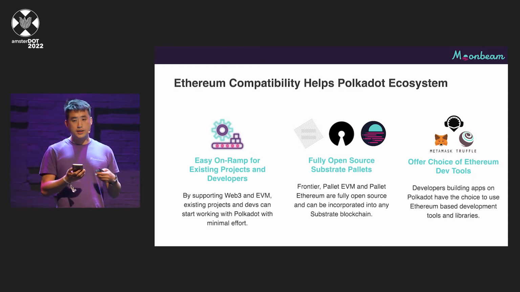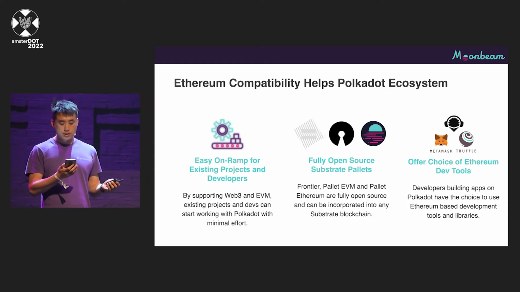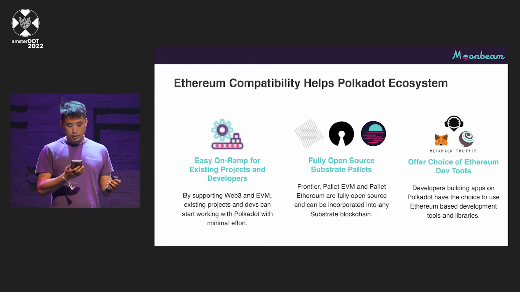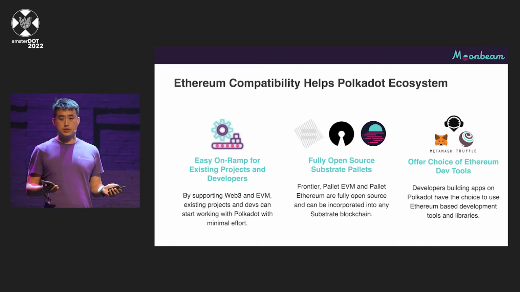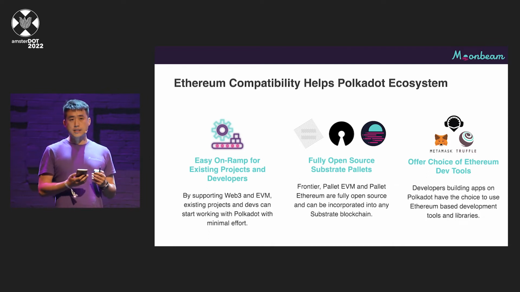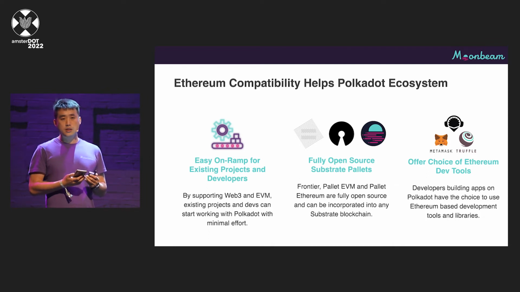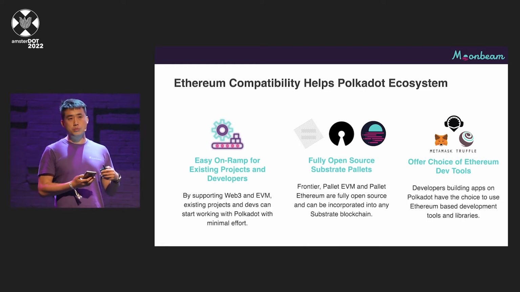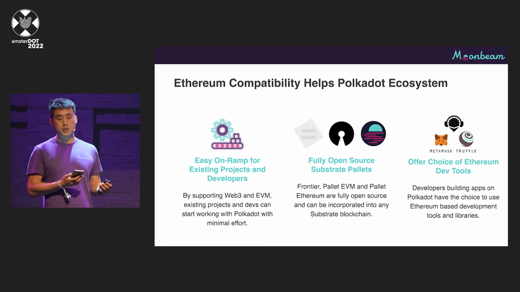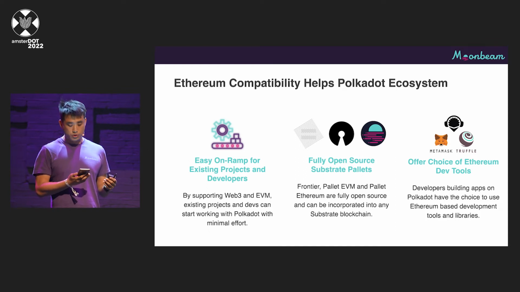compatibility on a substrate chain, such as Frontier, are all fully open source, which means that any substrate chain can include these pallets, and they will be able to use Ethereum smart contracts.